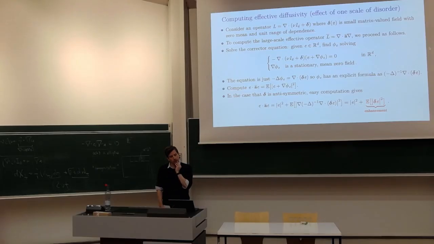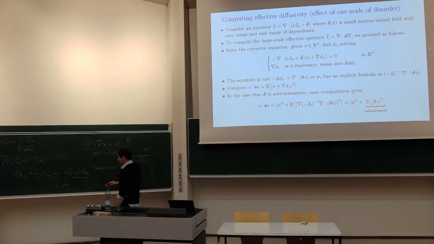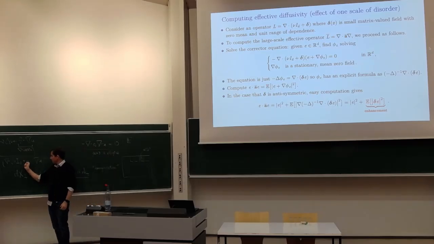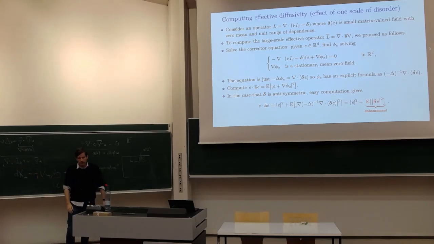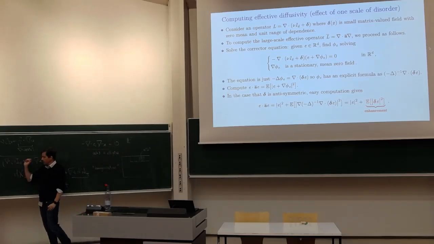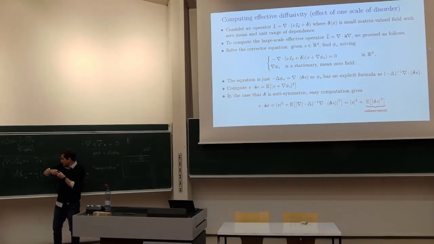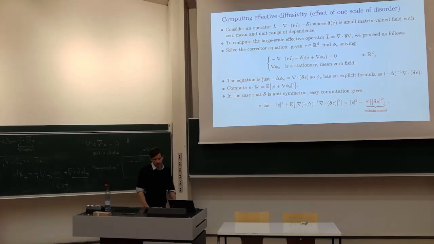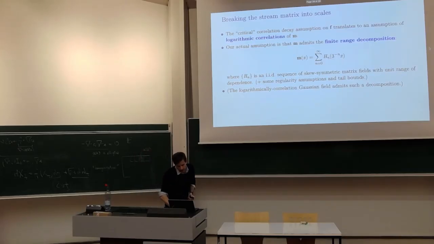I can't explain everything, so what I'll explain is why in this problem one scale will enhance this by a little bit, and how you can turn that picture into a kind of ODE for the effective diffusion in the scale parameter, and then sort of integrate that ODE to guess the scaling of square root of log t. So that's what I'll show. So what happens is, and maybe I'll go to the next slide first.